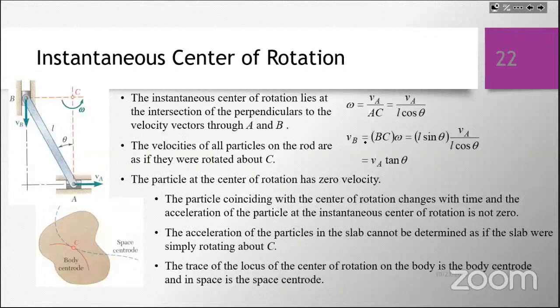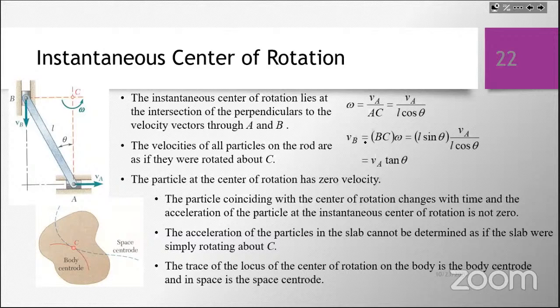The acceleration of the particles in the slab cannot be determined as if the slab were simply rotating about C. So this only helps us find velocities. It will not help us find accelerations. And the locus of the center of rotation on the body is the body centroid, and in space is the space centroid.